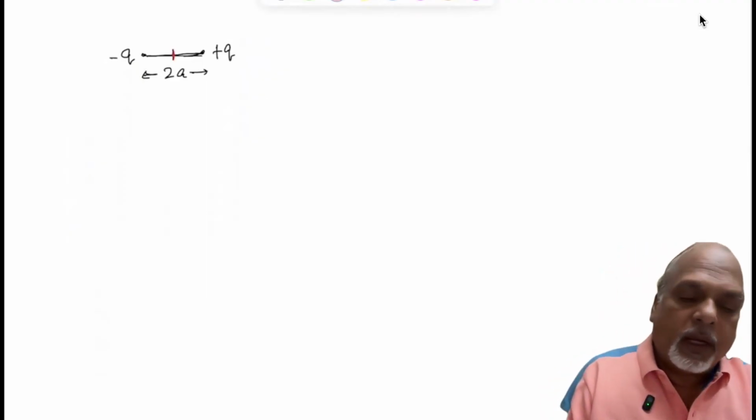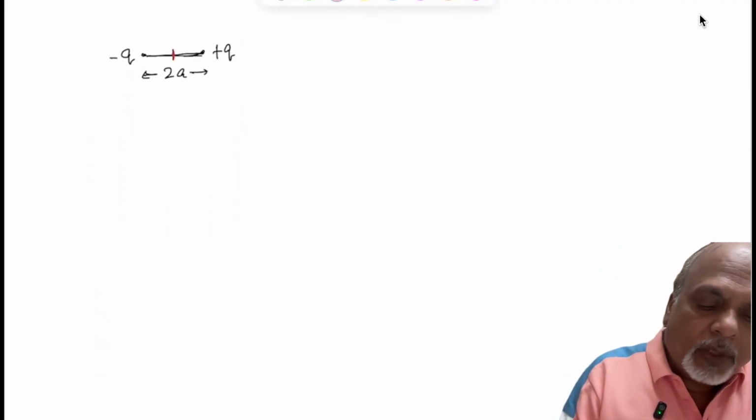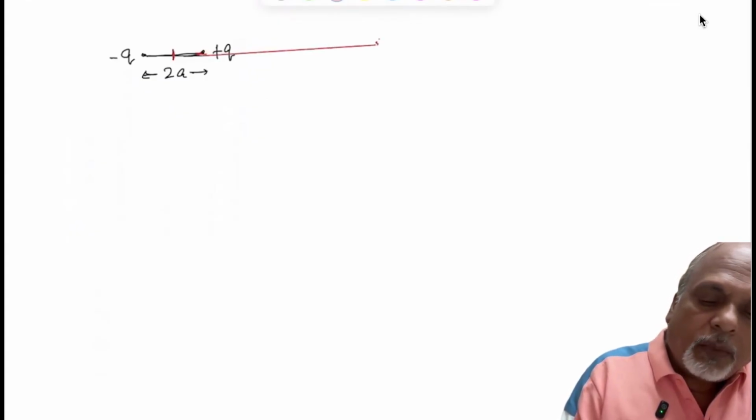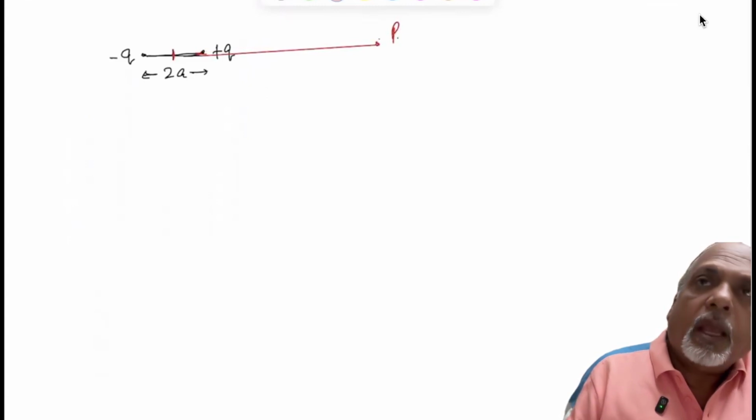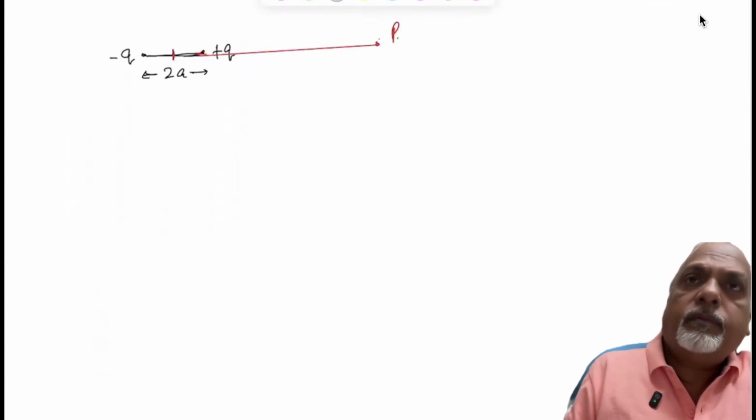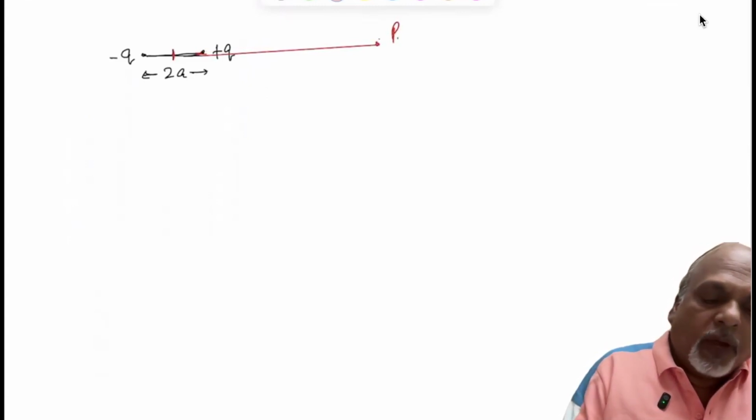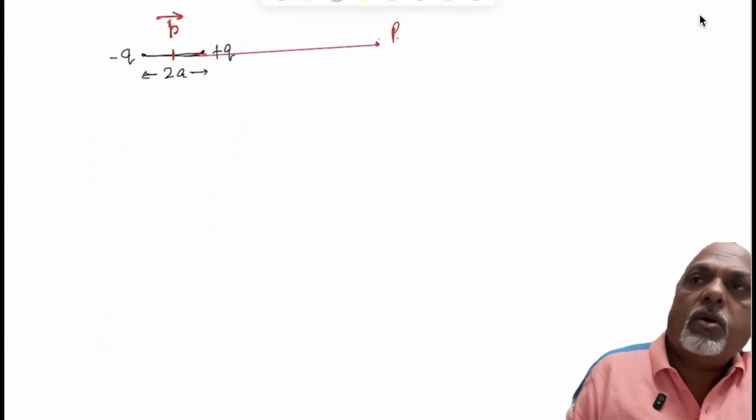Now axial electric field means this is the axis of the dipole. We can take this point P, and the direction of the dipole will be like this. We have to find out what is the electric field at P due to this dipole.